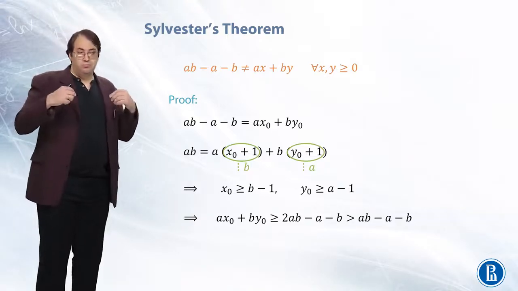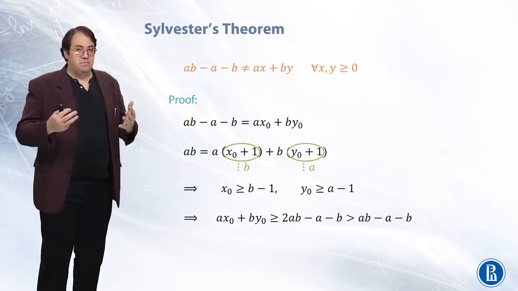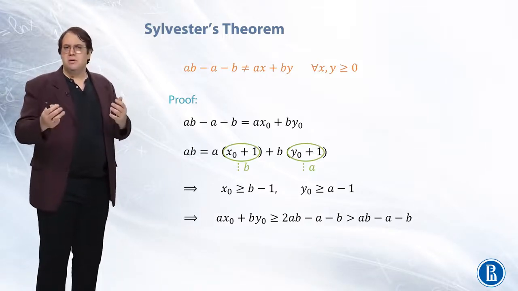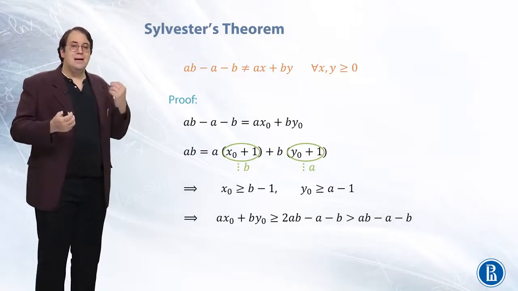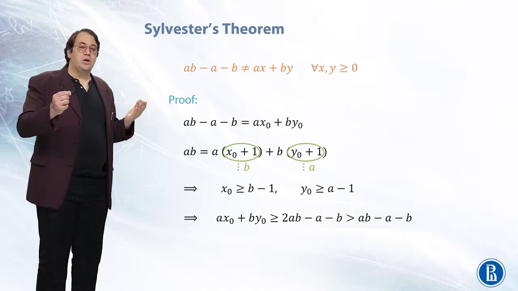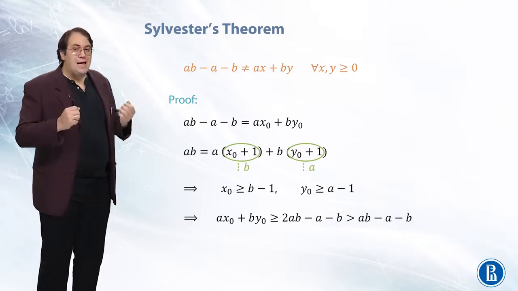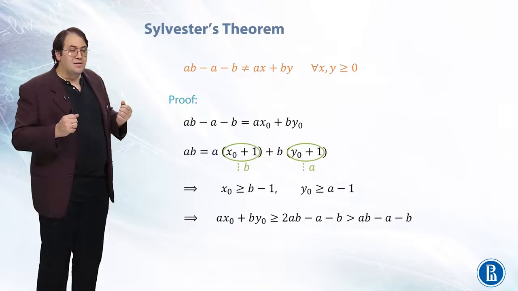So when enlarged by 1, they are positive. So a positive number divisible by b must be at least b. So x0 is greater than or equal to b minus 1, and y0 is at least a minus 1.